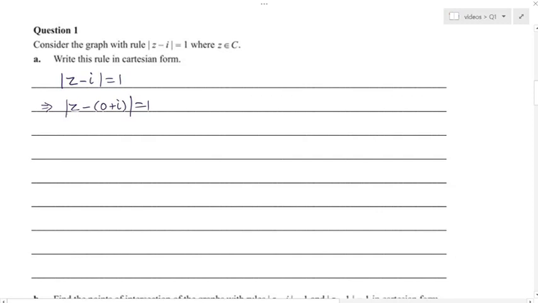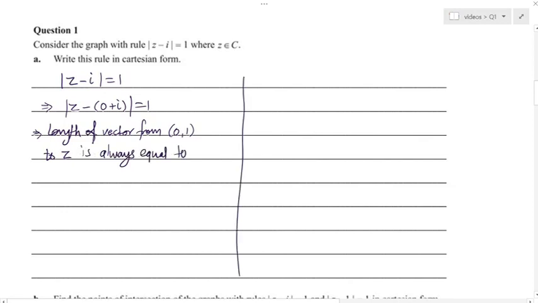I can write that in words and say that the length of the vector from (0, 1) to z is always equal to 1.